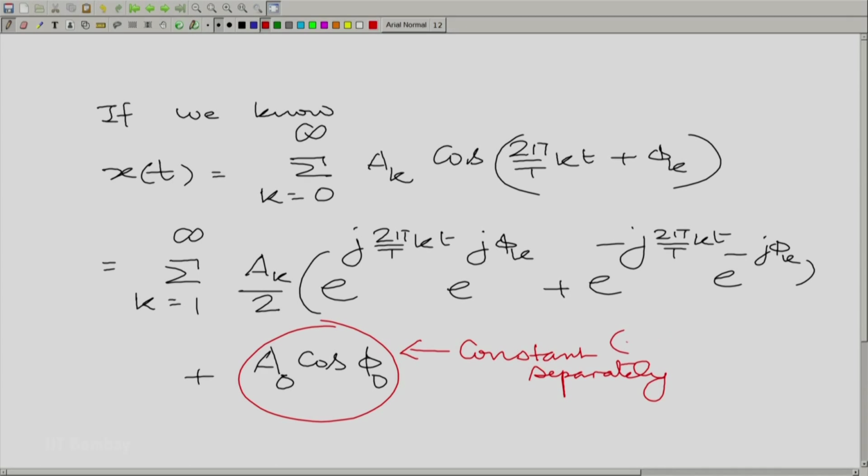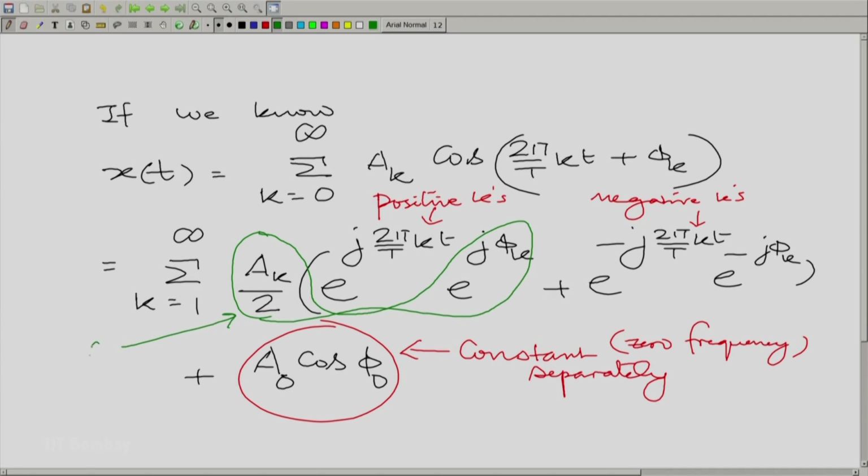Constant is 0 frequency. These are all the positive k's and these are the negative k's, and of course you also have the ck's. So, for example, these are the ck's, and correspondingly you could get the ck's for k negative just by comparing terms.